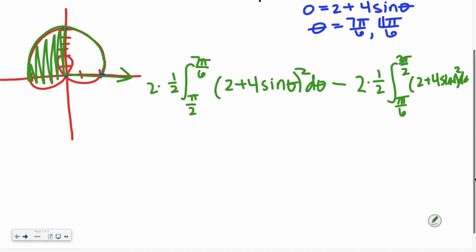The other problems we do, we're just going to set up.